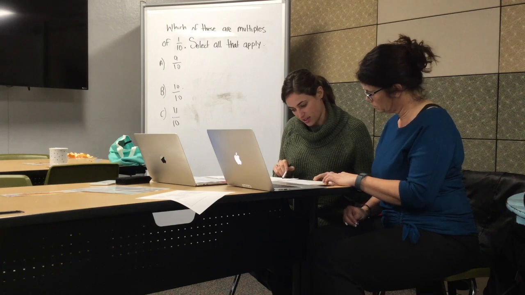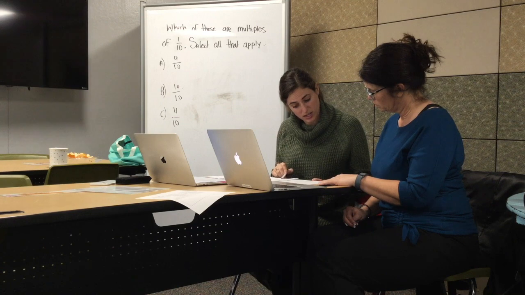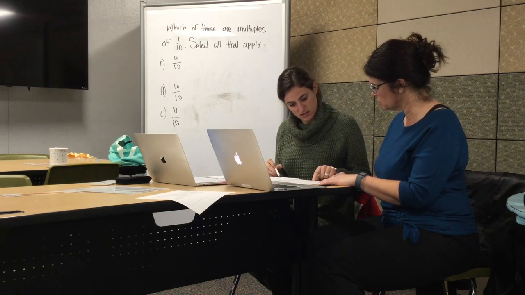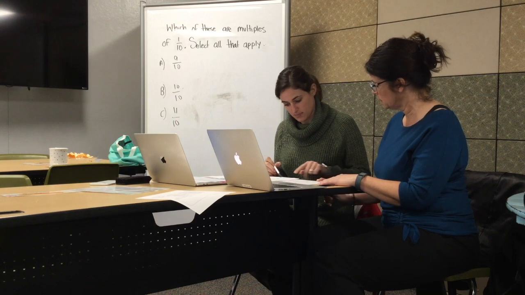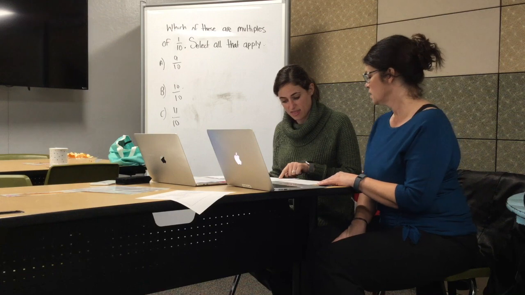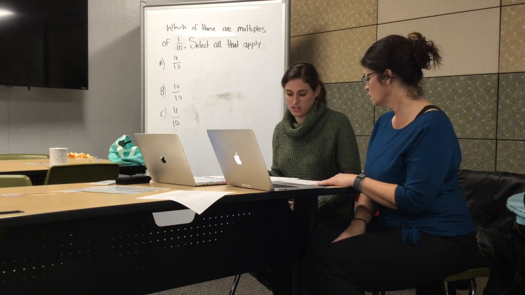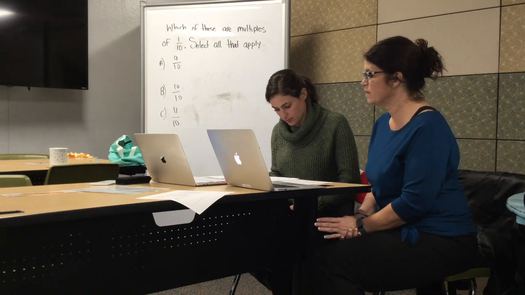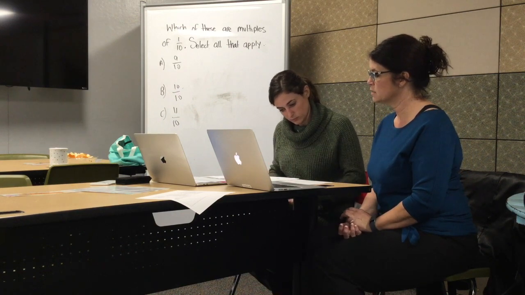And so I think they thought if it was greater than 1, it could not be a multiple of 1/10. So this sample says it's wrong because it goes over 10/10. Yeah. And this sample changed it to 1 and 1/10 and said because it's 1 and 1/10, it's not a multiple. Okay, so what do you think the misunderstanding is here?